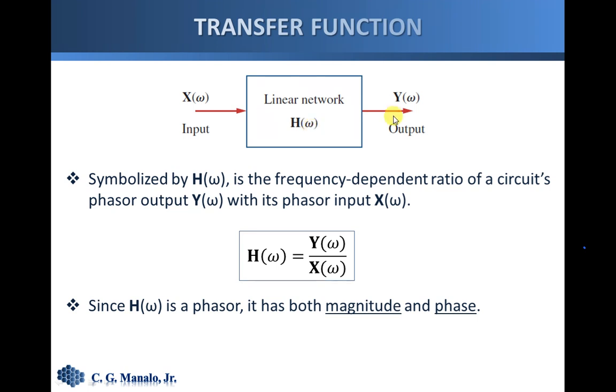Since the output and the input are both phasors, that makes the transfer function a phasor as well. Therefore the transfer function must have both a magnitude and a phase.